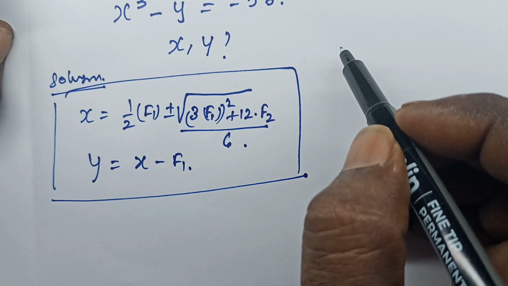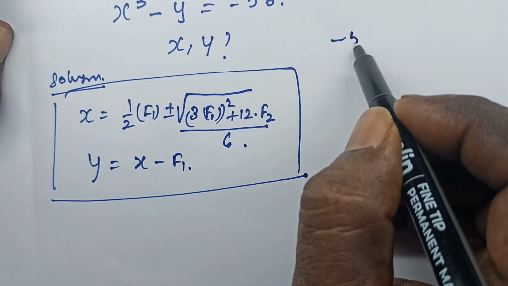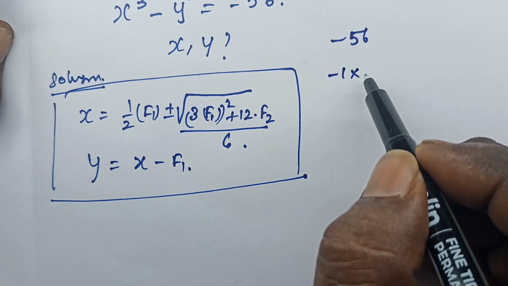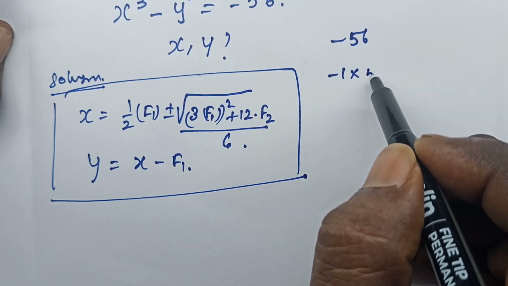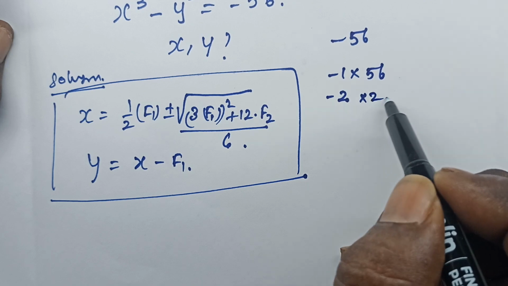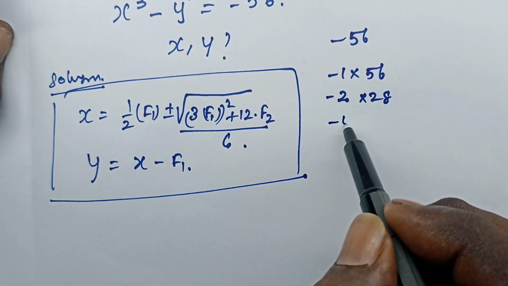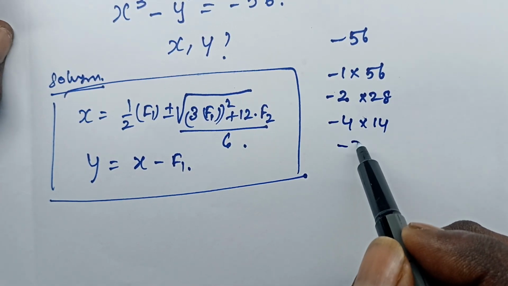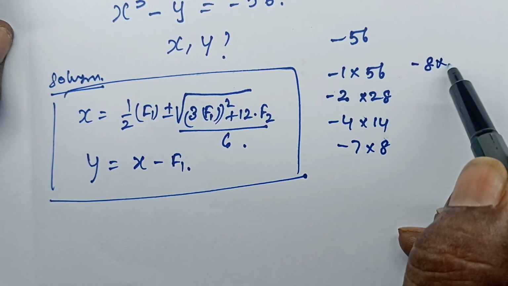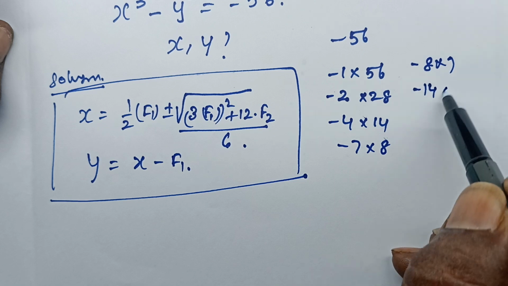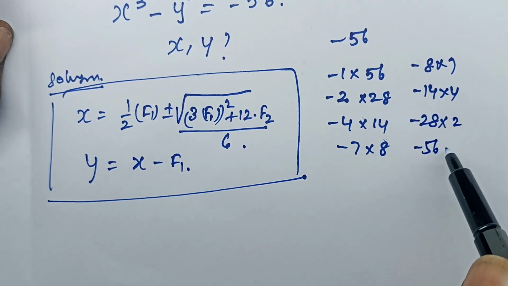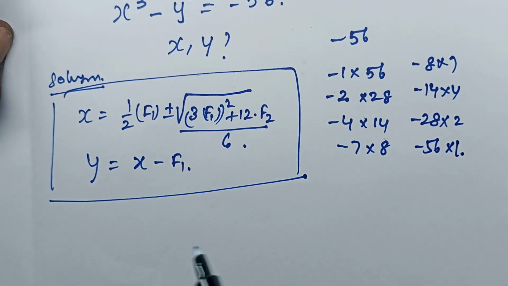So the multiple factors of minus 56 are: minus 1 into 56, minus 2 into 28, minus 4 into 14, minus 7 into 8, minus 8 into 7, minus 14 into 4, minus 28 into 2, minus 56 into 1.